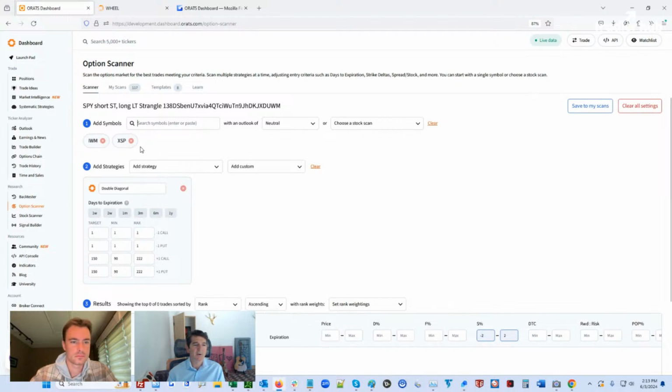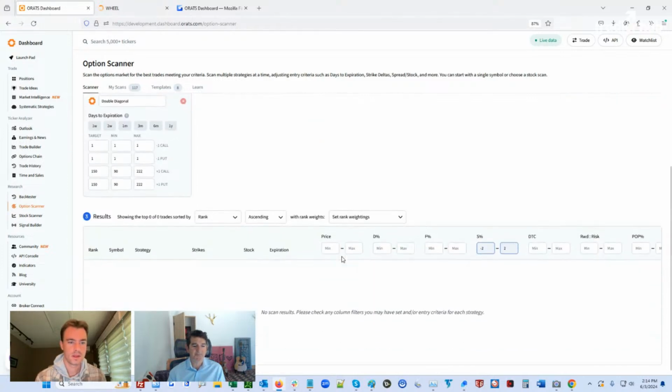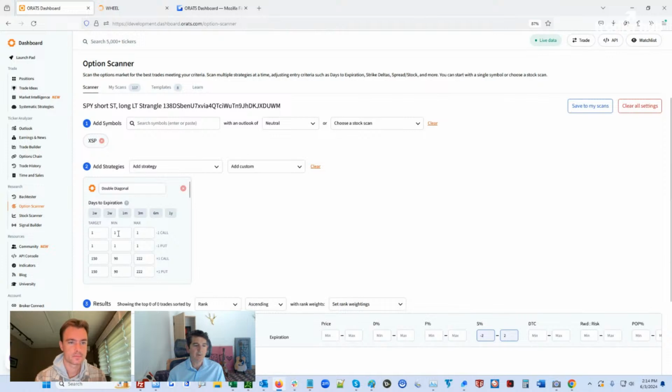But I've been liking XSP as well on this. It's the mini SPX. So let's look at that right now. This is the SPY short long term, and that's the backtest name. I'll share this with you afterwards, and we'll make it available on our templates. Tyler, how does that sound? Yeah, that sounds great. Okay.